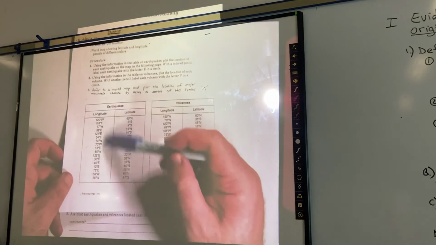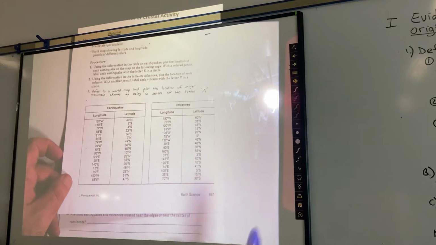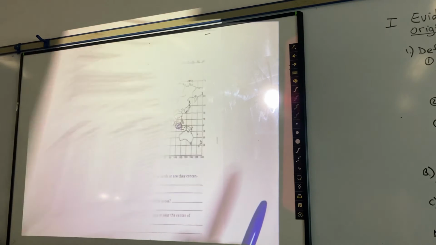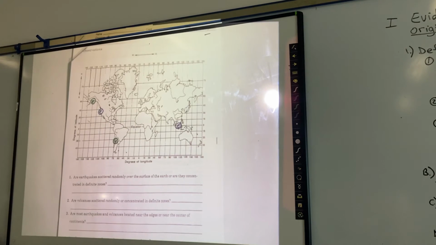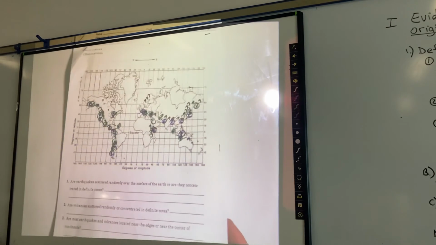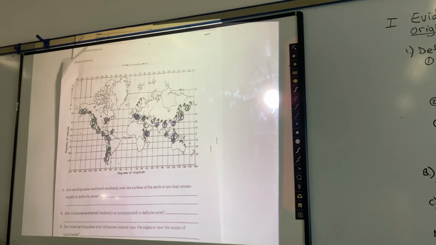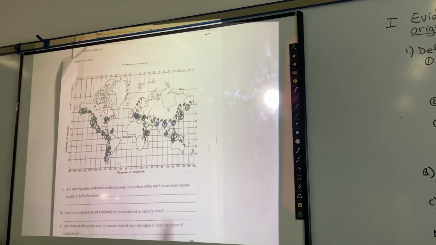You're going to plot all the earthquakes and all the volcanoes, and then see what the relationship is between them. When you get done, your map should look basically like this. Notice where the volcanoes and earthquakes are happening. Are they happening mostly in the ocean? Are they happening mostly in the middle of the continent? Or do they primarily happen at the border between the ocean and the continent?